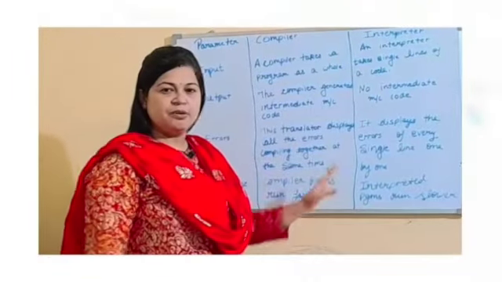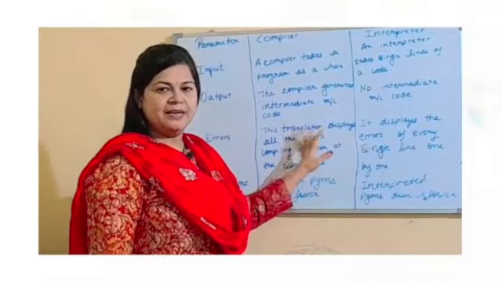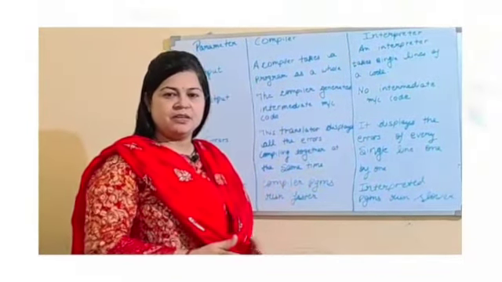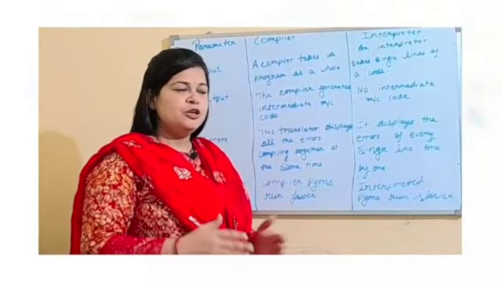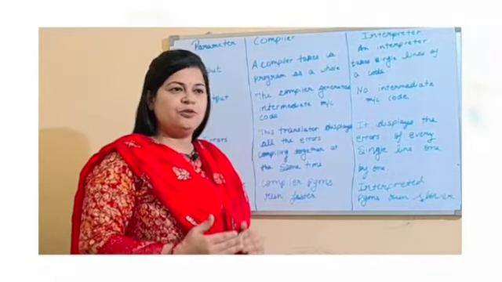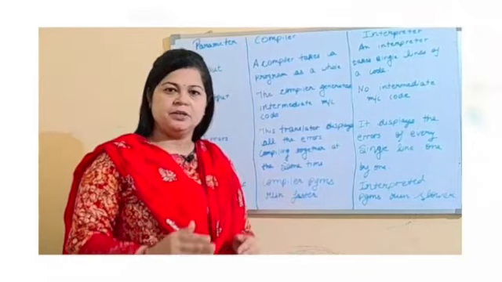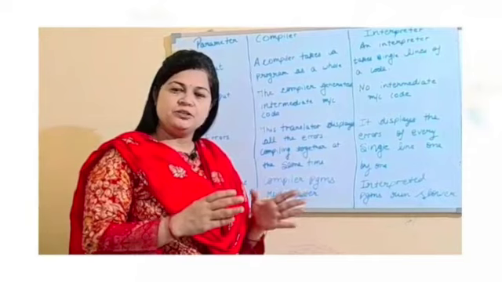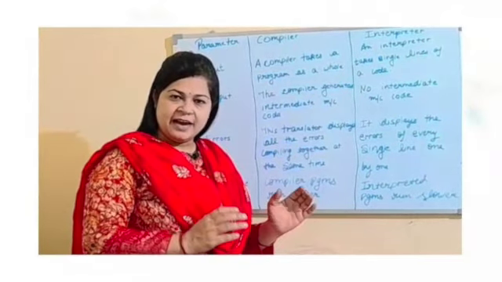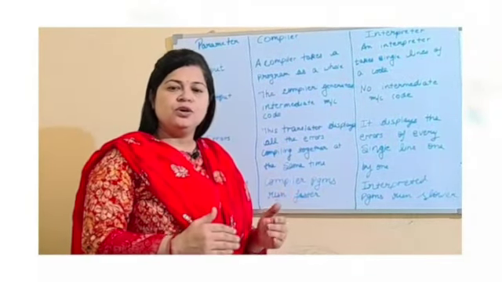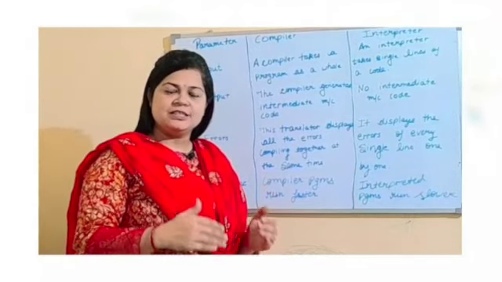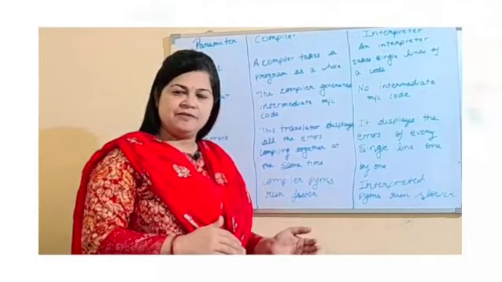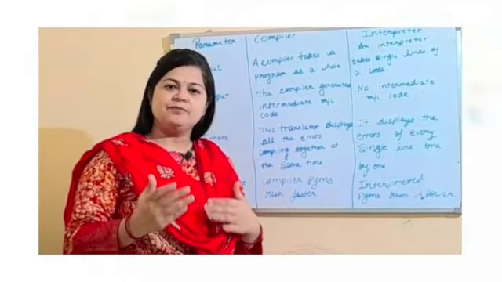Now we will discuss the difference between compiler and interpreter. I already told you the basic working of a compiler and interpreter. Before going to the difference, I want to tell you both compiler and interpreter are programs that convert a program written in source code, that is in high level language, into machine code, or you can say object code, that the computer understands.